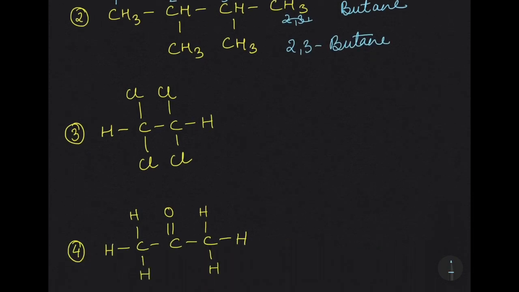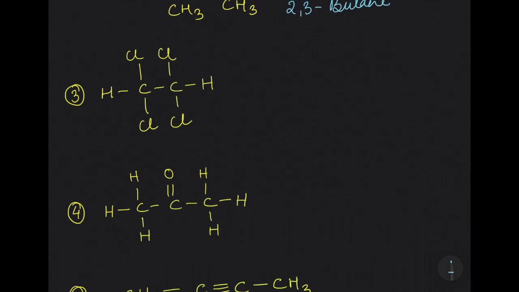Okay. Now next, moving on, we have 1, 2. What is the root name? Eth, single bond. So it is ethane. Okay. And 1, 2, 3, 4 chlorine. That means it is tetrachloro.